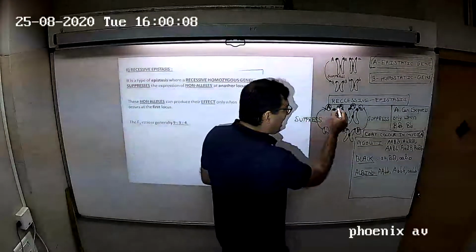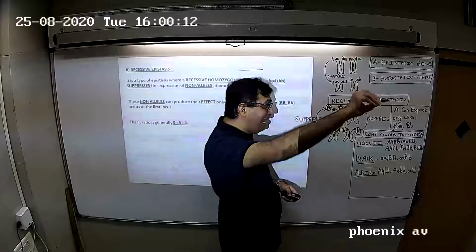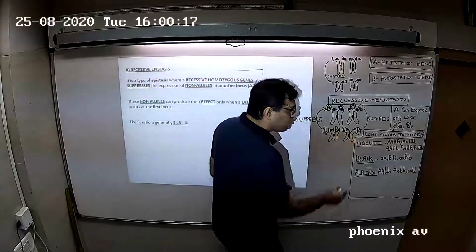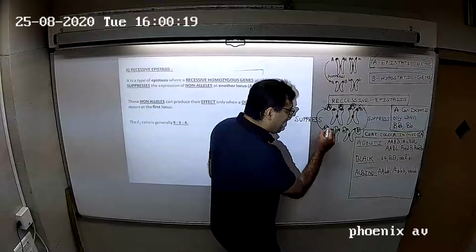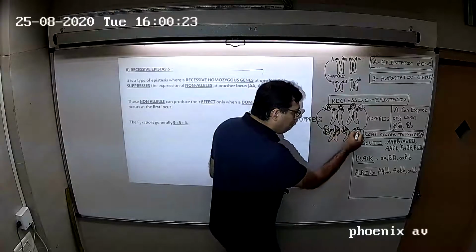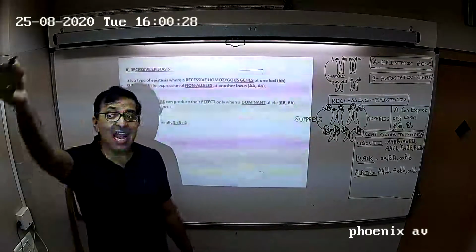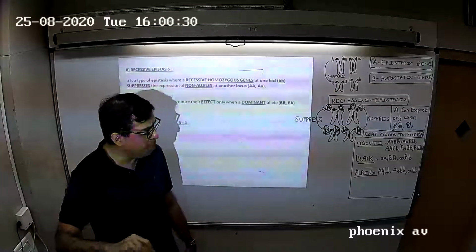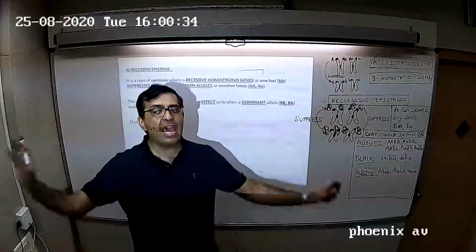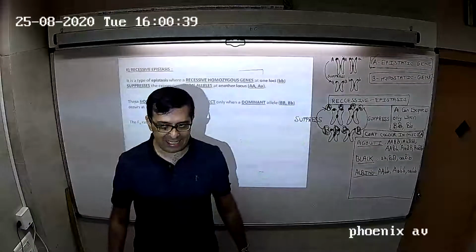When will capital A, small a express? Only when instead of small b, there is capital B, so A will express, which means recessive epistasis नहीं हो पाएगा and A will be able to express itself.